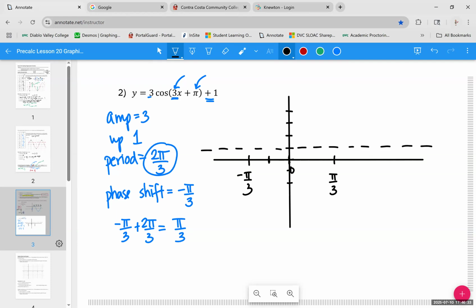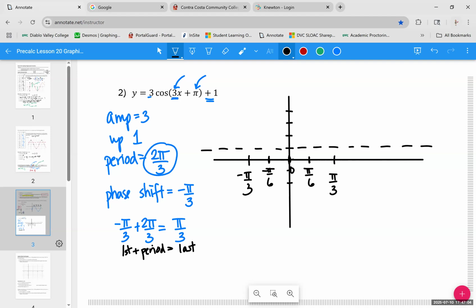And my other 2 points will be halfway in between, right? So I found the last point by adding the first plus the period equals the last point. And then the middle point, which is kind of like x3, is just halfway in between the first and the last. So in this case, that would be 0. So that would make this pi over 6 and negative pi over 6.